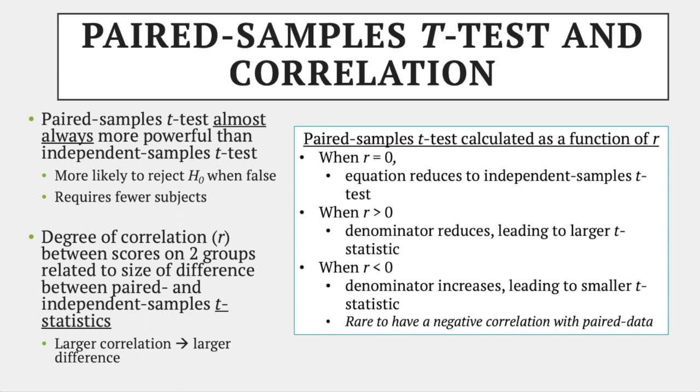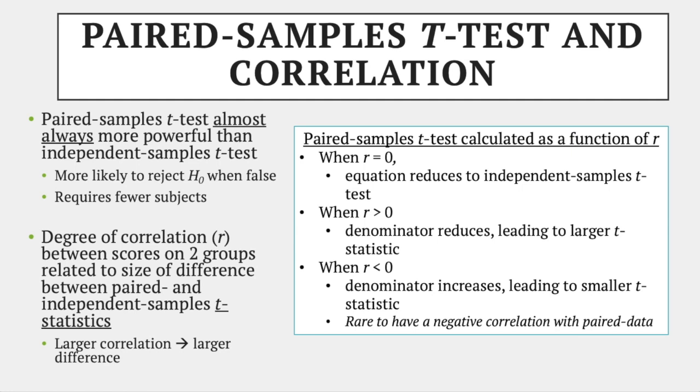When the correlation is negative, then you would actually be better off using the independent samples t-test. But note, it's going to be really rare to have a negative correlation with paired data. It's really unlikely for you to totally switch and not be correlated with your own data, and go even further than that and be so negatively correlated. It's just really unlikely. So that last case is not very common.